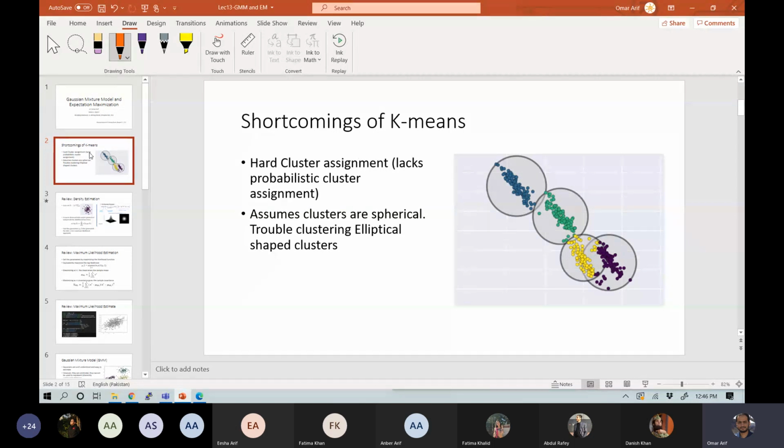Given a data set, k-means helps in clustering और ग्रुपिंग our data points. लेकिन उसमें जो प्रॉब्लम हमने डिस्कस किया, दो शॉर्टकमिंग्स, वो ये थी कि जो आपकी ग्रुपिंग होती है it is hard grouping. Each data point is assigned to one of the different clusters that you have. एक तो ये प्रॉब्लम है. सेकेंड प्रॉब्लम इज कि you have a spherical cluster. ठीक है, k-means एल्गोरिथम में you get spherical clusters.